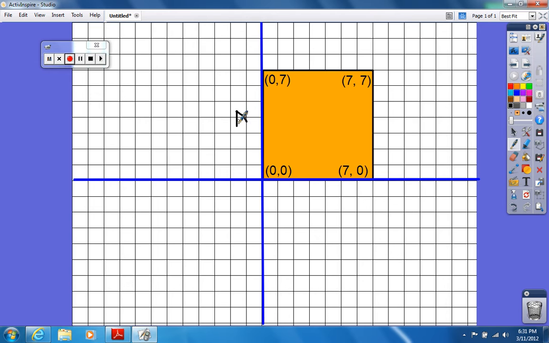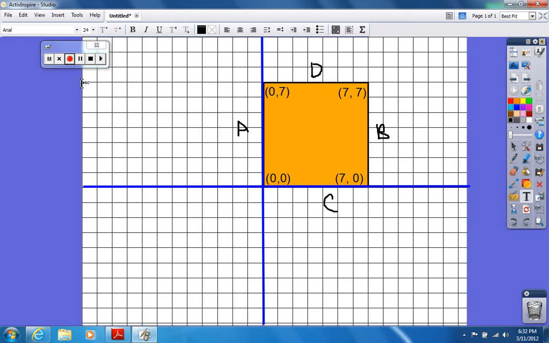We're going to call this side A, side B, side C, and side D. To do this, we're going to use the slope formula, which is y2 minus y1, divided by x2 minus x1.